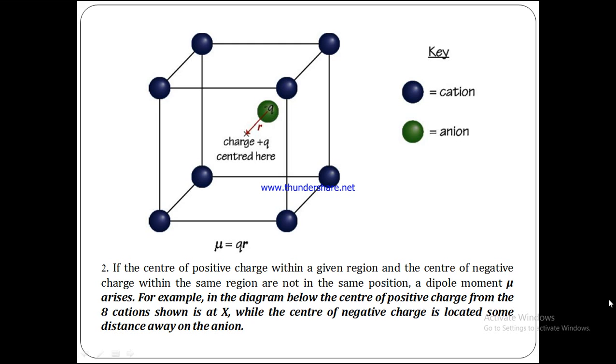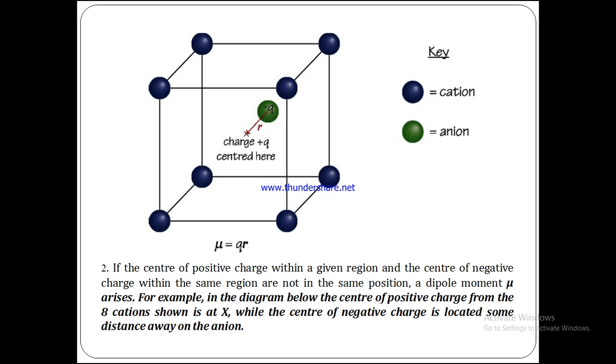Now the electrical dipole moment mu is equal to q into r, where q is the charge on that particular ion. Let us consider this ion in its first state, before applying the electrical field.